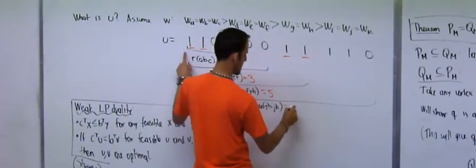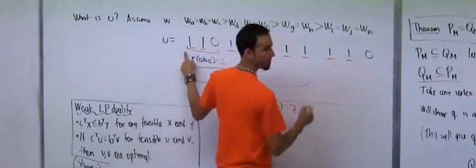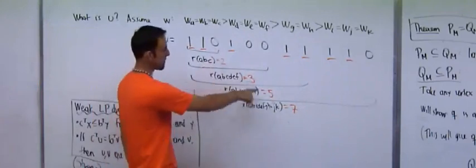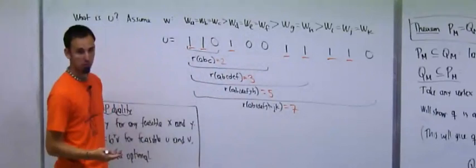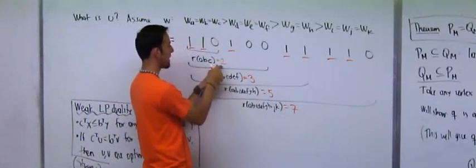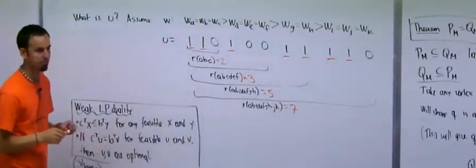And I assume that the rank of the total thing is 7, which meant I can take 1, 2, 3, 4, 5, 6, 7. Okay. And so just in this example, I made these numbers up, but in general, you're given a matroid. And by the matroid, you know what these numbers are. And that is the number of elements that you can take from here, from here, from here, from here, etc.